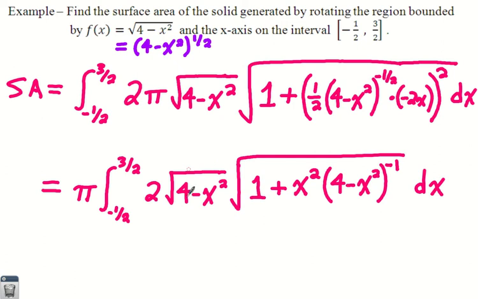But square roots can multiply together. So if you multiplied this square root times this square root, you would essentially be multiplying the 4 minus x squared here times all of this, which would mean you'd be distributing it to the 1 and to this whole thing. And so here we go.